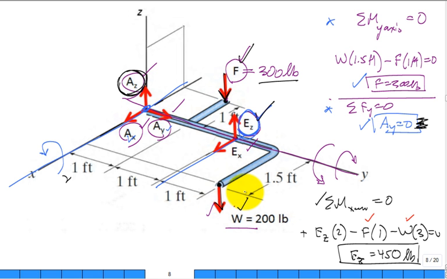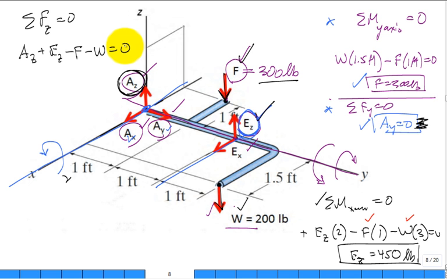Sum of the forces in the Z direction. So I do the sum of the forces in the Z equals 0. AZ is positive up, plus EZ is positive up. Then we're going to have minus F and minus W equal to 0.